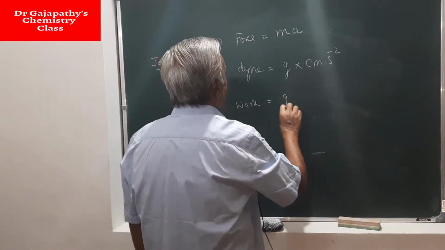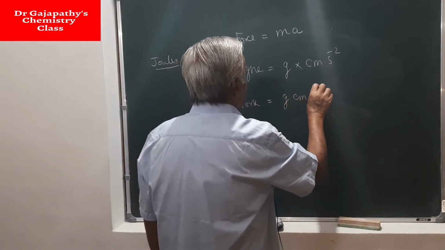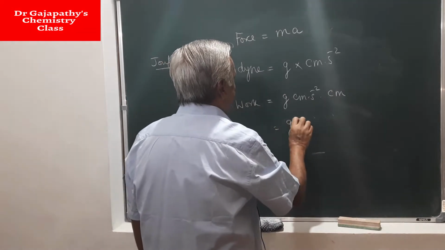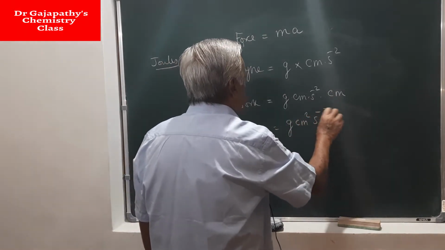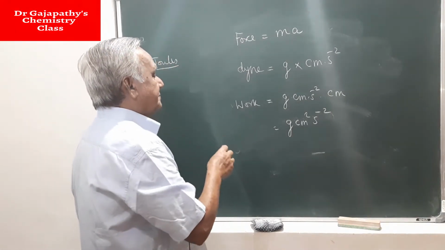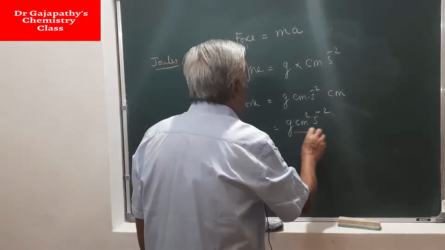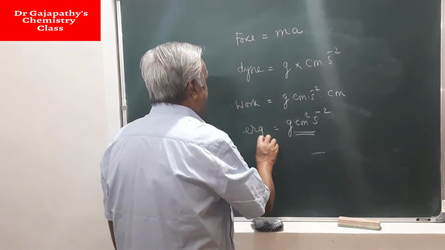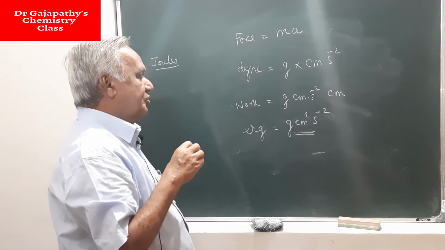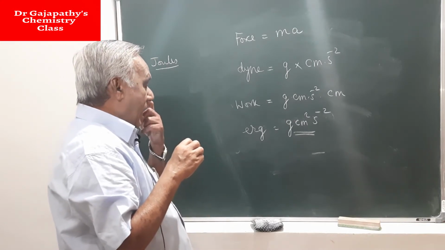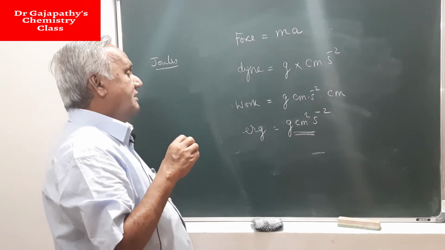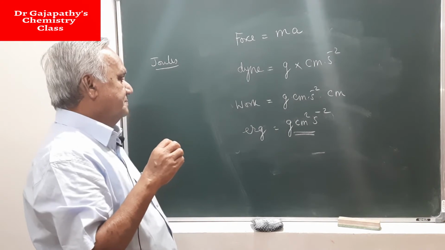Force is gram centimeter per second square. Displacement is centimeter. So gram centimeter square second minus 2. This is work, and this is known as an erg. So joule is kilogram meter square second minus 2, and erg is gram centimeter square second minus 2.